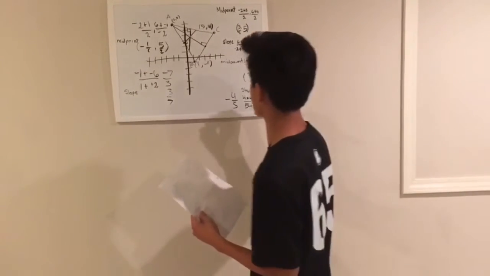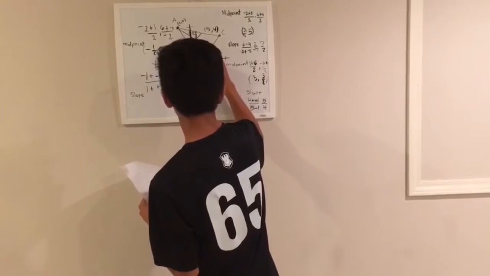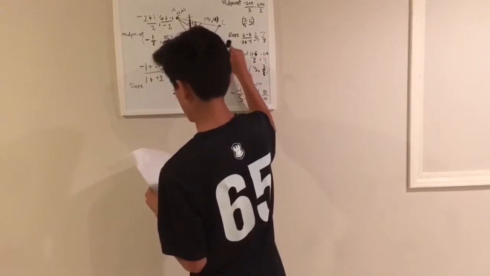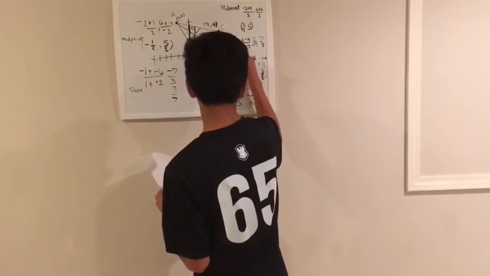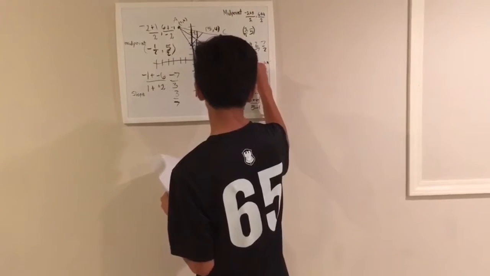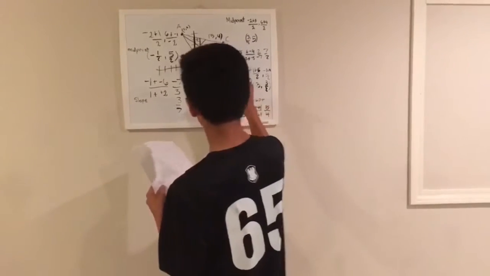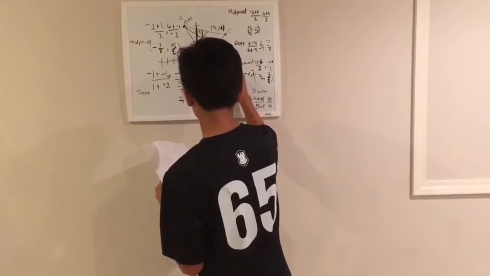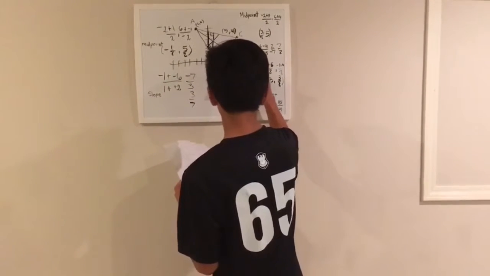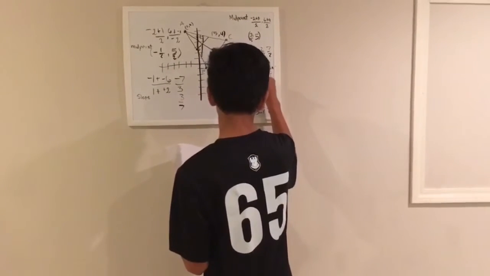And so the formula is y minus y1 equals m times x minus x1. And so then you plug it in and you get y minus 3 over 2 equals negative 4/5 times x minus 3.